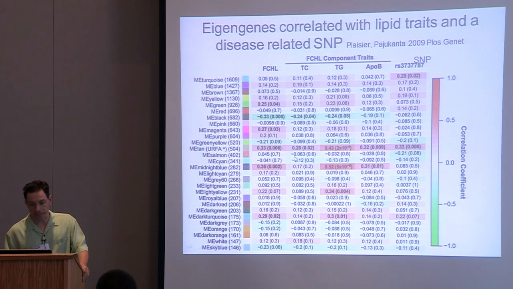And what do you see? There's one module, this TAN module in the middle, that contained 504 genes, and that module was highly correlated with disease status, correlation 0.33, also correlated with total cholesterol, highly correlated with triglyceride levels, and so on.